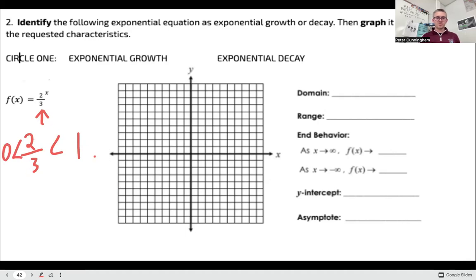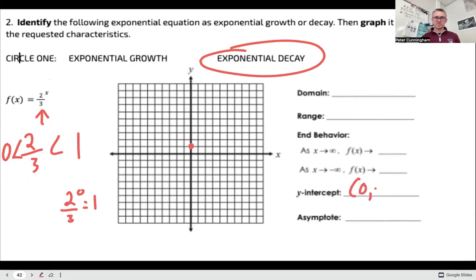So my base is 2/3, but here's the thing, if I took 2/3 to the power of 0, that's still going to be 1. So regardless of the fact that now I'm decaying, I still am going to start with a y-intercept of (0, 1).